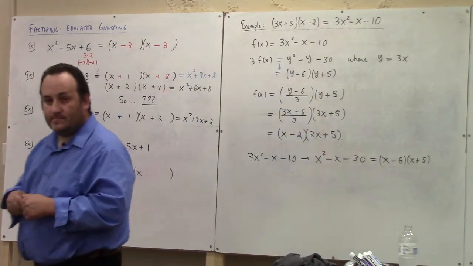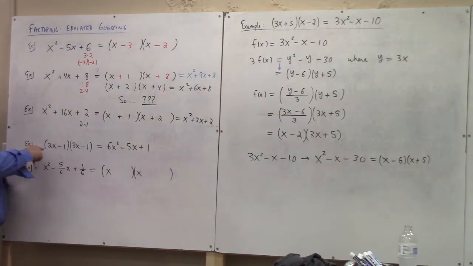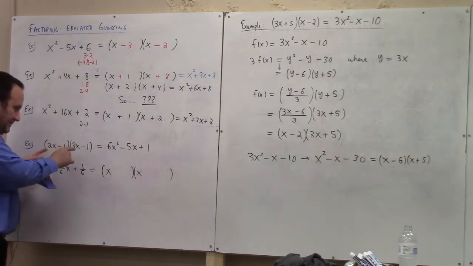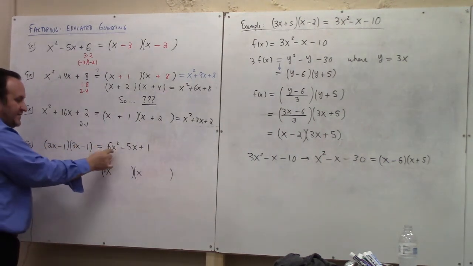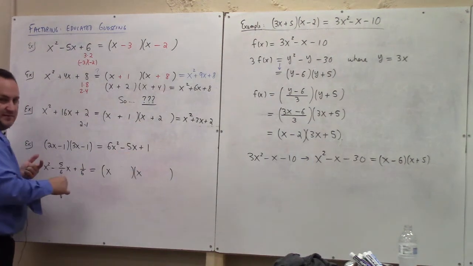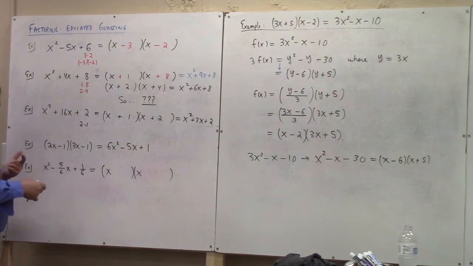You talking about this one, or this one I didn't really factor. I just multiplied to show you that there are other things that could happen, right? Like if I started with 6x squared minus 5x plus 1, I would need to put a 2 here and a 3 here to get it.